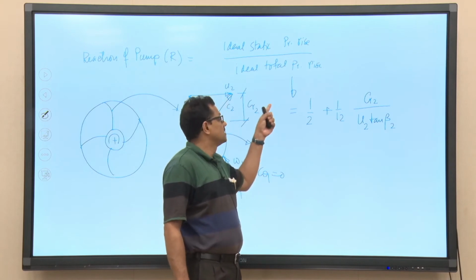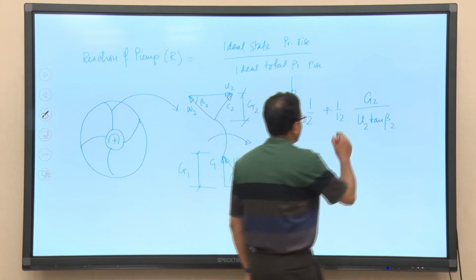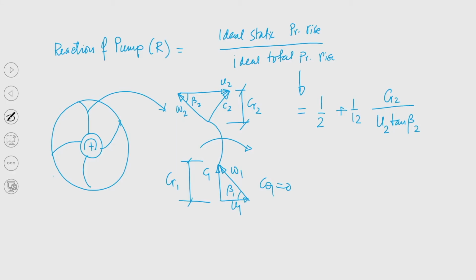The degree of reaction can be written in this form: 1 upon 2, 1 plus Cr2 upon U2 tan beta 2.